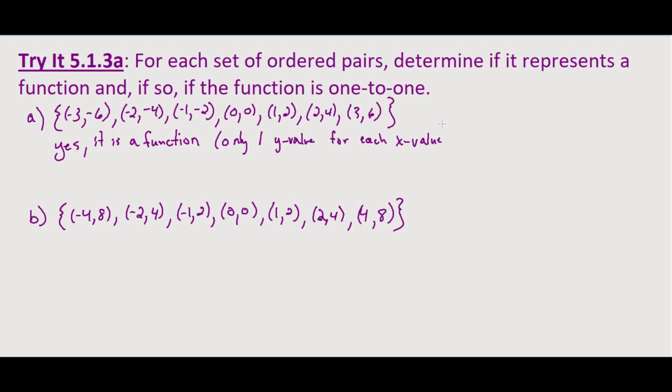Now we're also asked, is it one-to-one? So how do we know if it's one-to-one? We go the opposite direction. For every output, there should be only one input. So are there any repeated outputs? We have 6, 4, 2, 0, -2, -4, -6. So there are no repeated outputs.